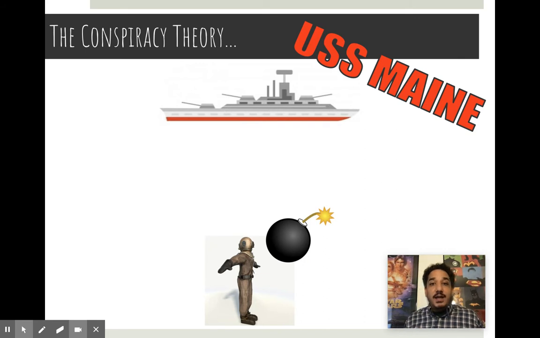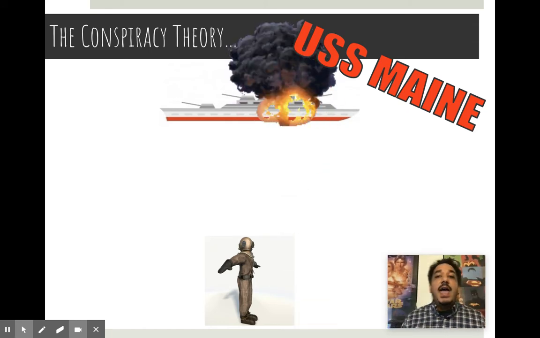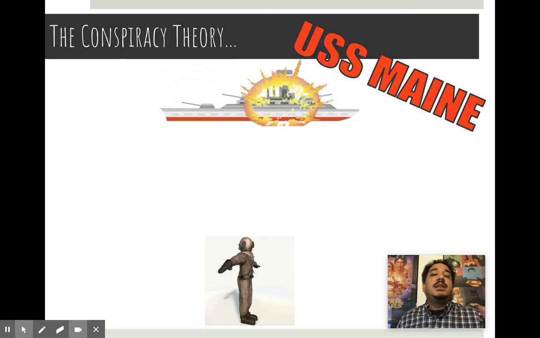And then when he's under there, he looks up and he looks at the Maine. And by the way, he wouldn't be able to see the Maine because it's pitch black underneath the ocean at night with no lights. You can't see anything. But this was a theory that he looked up. He had the bomb. He finds the USS Maine and he throws the bomb up towards it, where it explodes and blows up the USS Maine. That was the conspiracy theory.